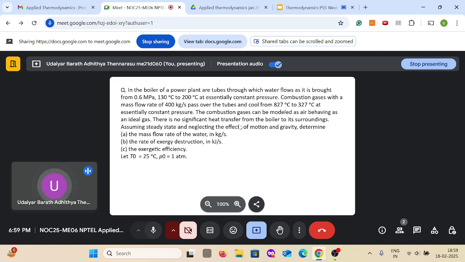Combustion gases with a mass flow rate of 400 kg per second pass over the tubes and cool from 827 degrees Celsius to 327 degrees Celsius and at constant pressure. The combustion gas can be modeled as air behaving as an ideal gas. There is no significant heat transfer from the boiler to its surrounding. Assuming steady state and neglecting the effects of motion and gravity, determine the mass flow rate of the water, the rate of exergy destruction, and the exergy efficiency.